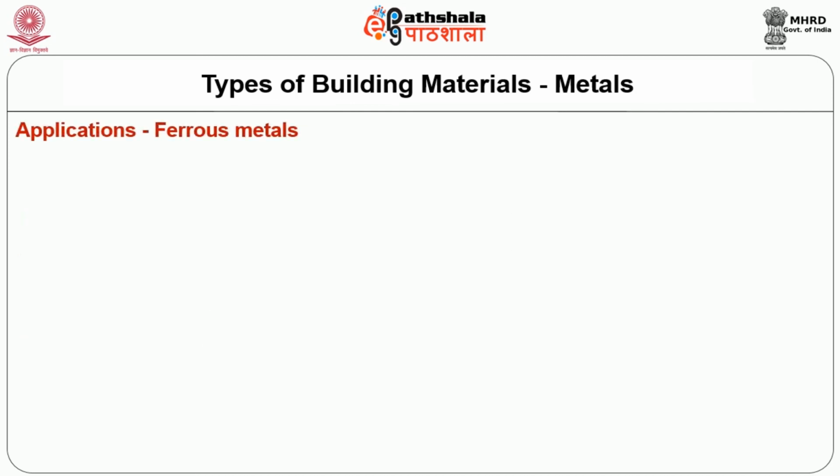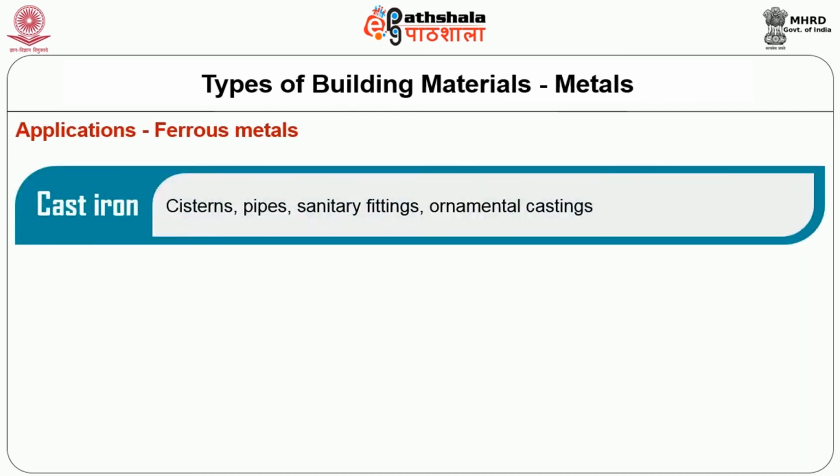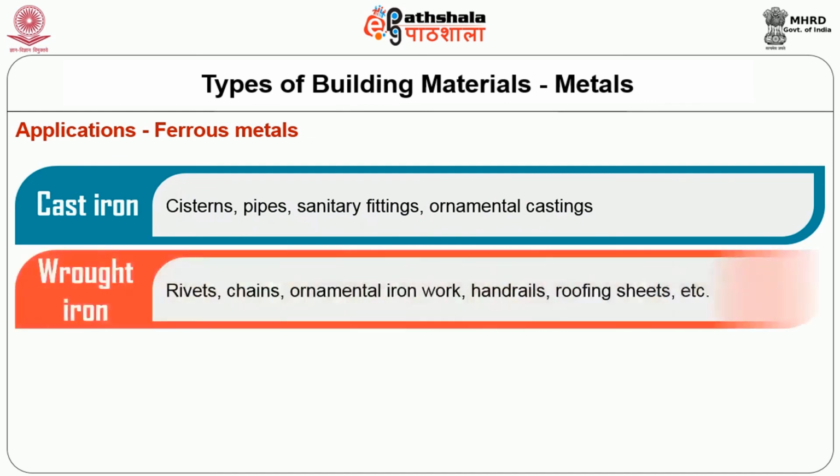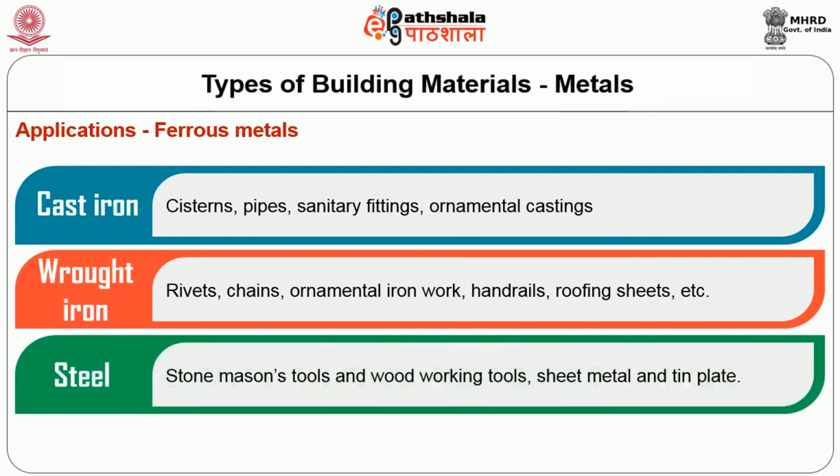The applications of ferrous metals are cisterns and pipes. Cast iron is used for sanitary fittings, ornamental castings, rivets and chains; wrought iron for ornamental ironwork, handrails, roofing sheets, etc. Stonemasons' tools and woodworking tools, sheet metal and tin plate are made from steel.